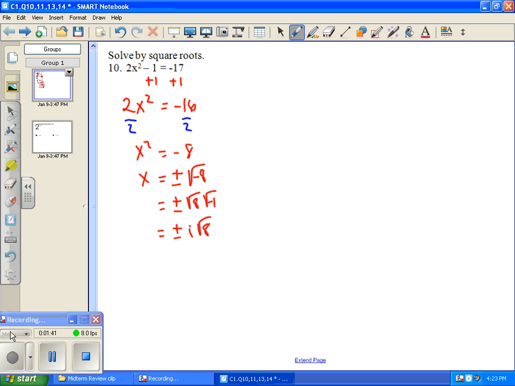And we still need to simplify the square root of 8. We need to look for a perfect square factor, which in this case is 4. So we take the square root of 4, which is 2. Now, when we factored out that 4, what was left over was 2. So our answer is plus or minus 2i square root of 2.